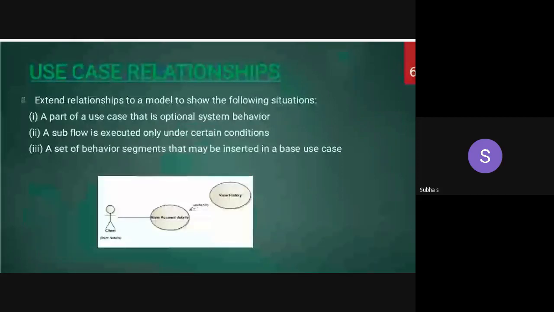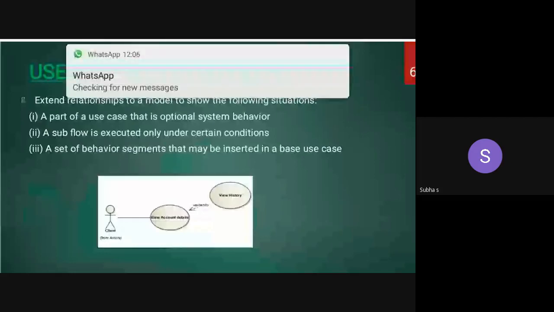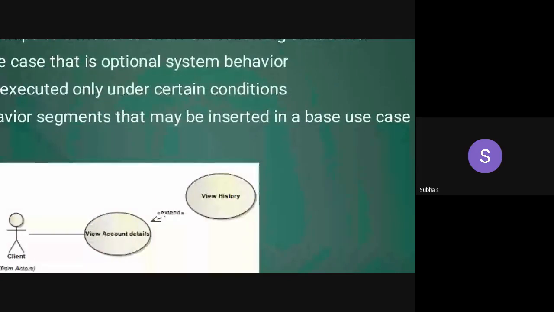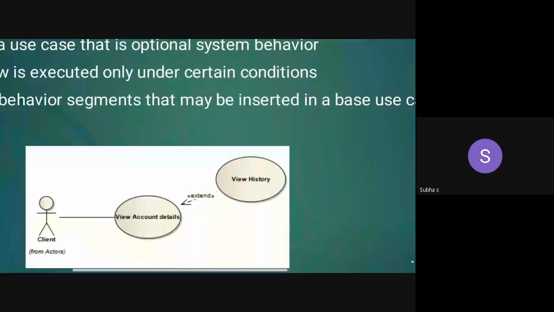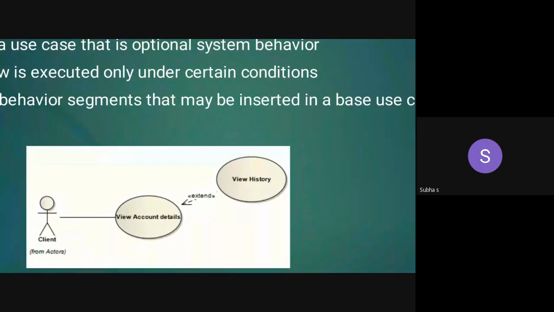The segments refer to the functionality or characteristic that may or may not be inserted into the lower use case. So here in the diagram: view history, view account details, client.